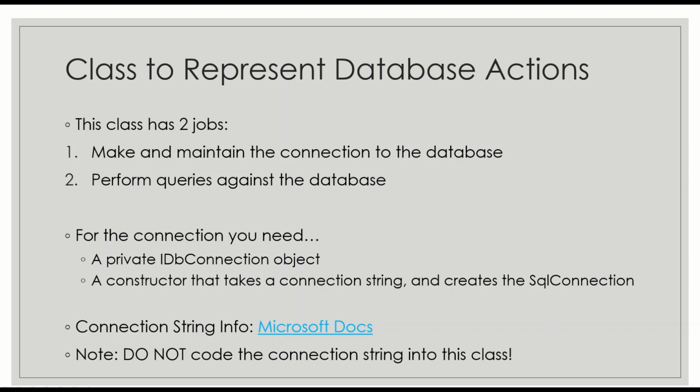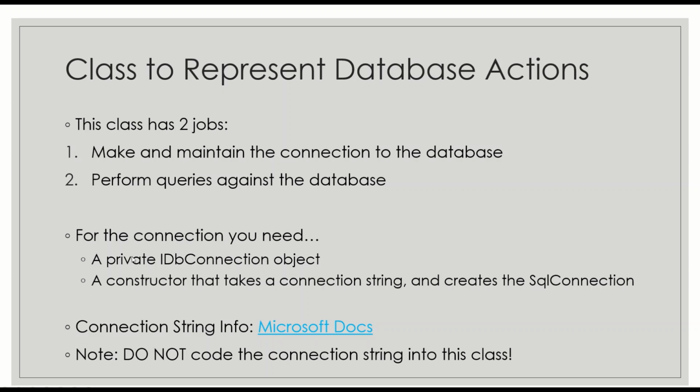When we're writing the connection, we need the following things. We need a private IDbConnection object. So we're going to use a code library that creates some sort of database connection that implements this interface called IDbConnection.